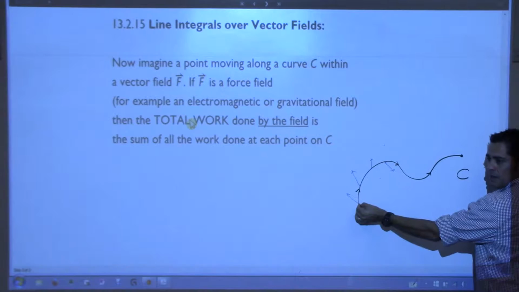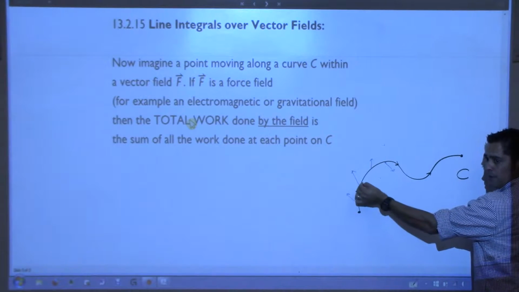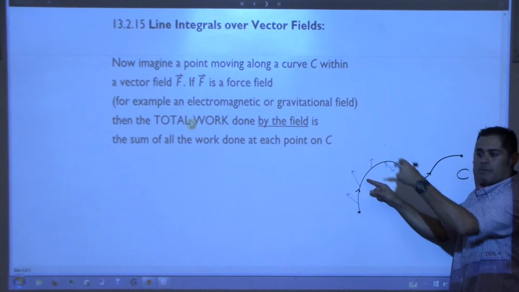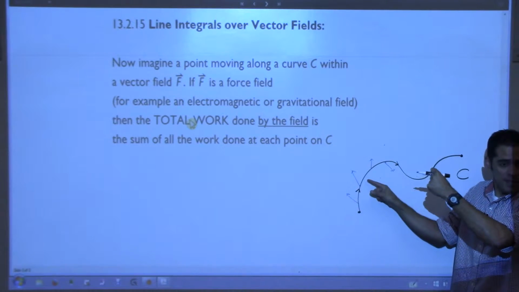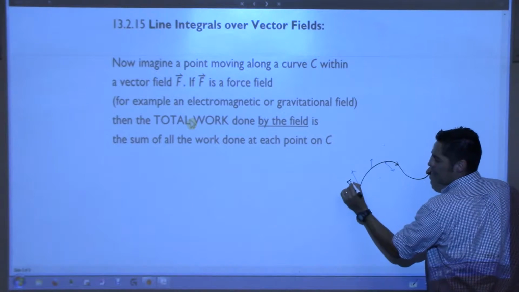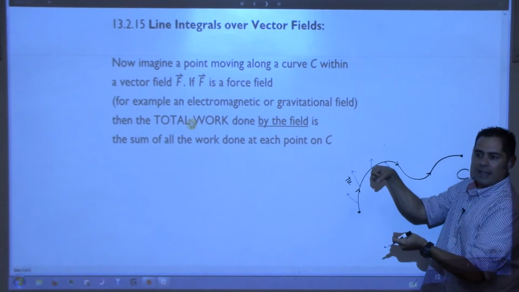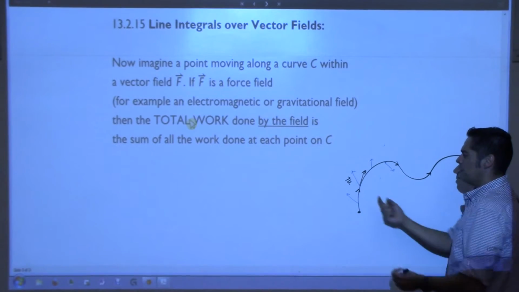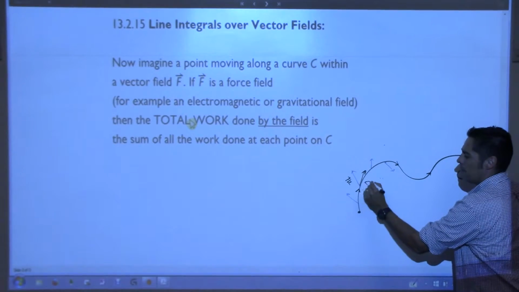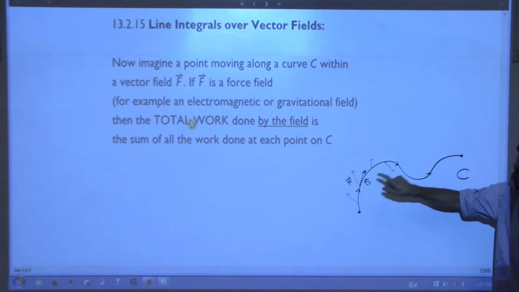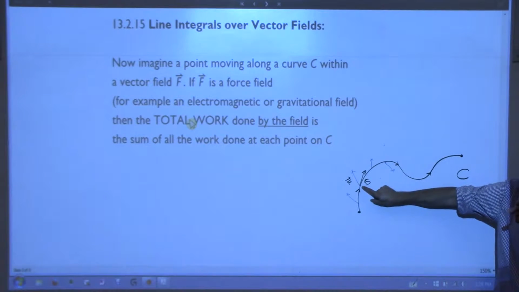I'm displacing the point. And at every single point, there is a vector that represents the field vector. You can look at this as being like the F that's pulling it. And then the distance we travel in this direction is the displacement. If we dot those two together, right there, I'll get the work done right there.